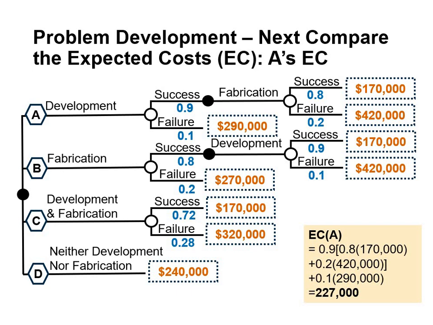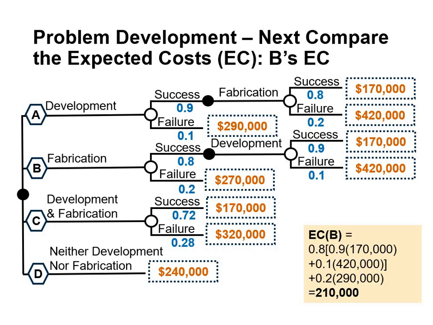So now we just say, okay, we develop A. There is a 0.9 probability that we get, with probability 0.8, 170, and with probability 0.2, 420. But there's also a 10% chance that development fails, so plus 0.1 times 290. So for A, we get 227. So this is pretty straightforward.